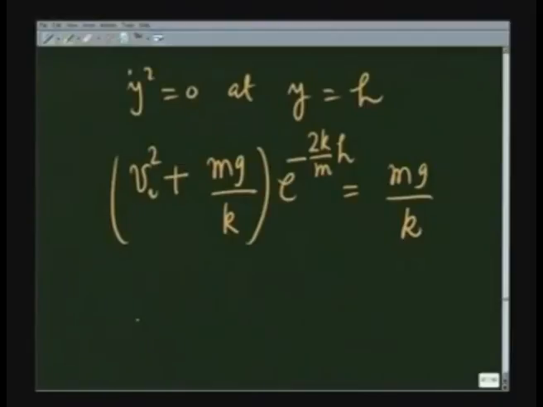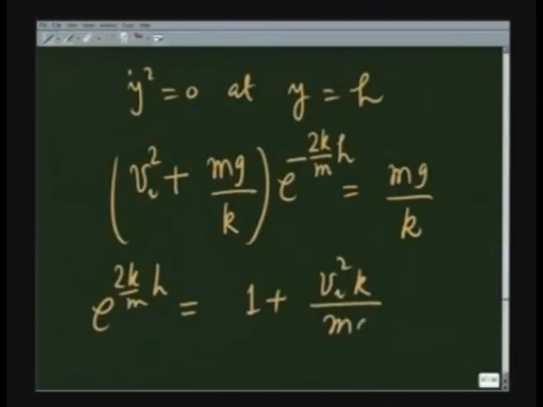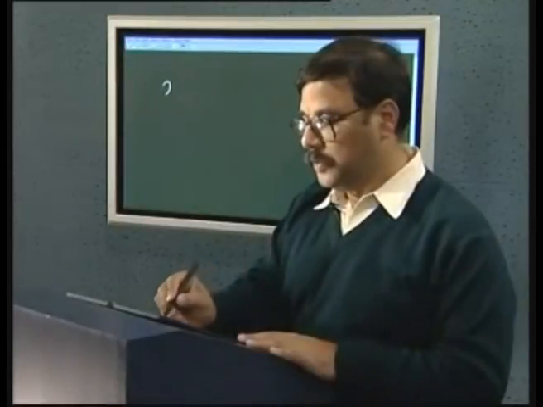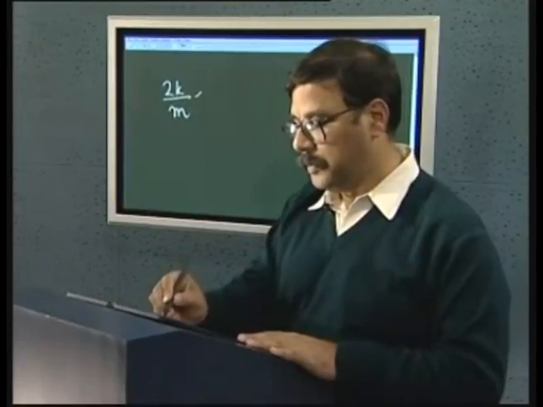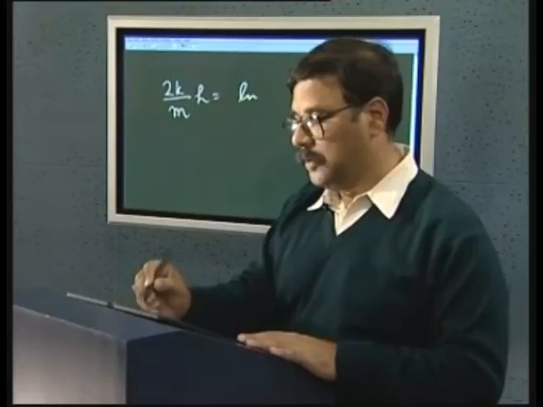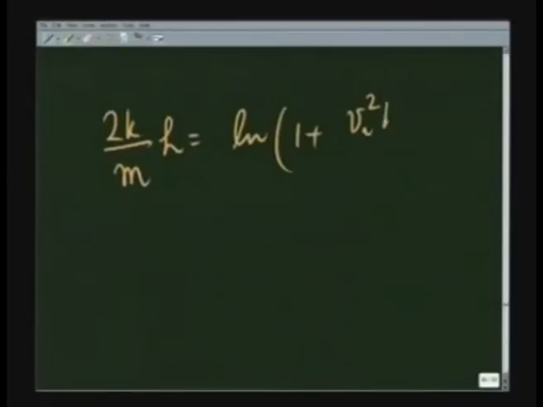That tells me e raised to 2k over m h is equal to 1 plus v initial square k upon mg, or 2k over m h equals log of 1 plus v initial square k upon mg.